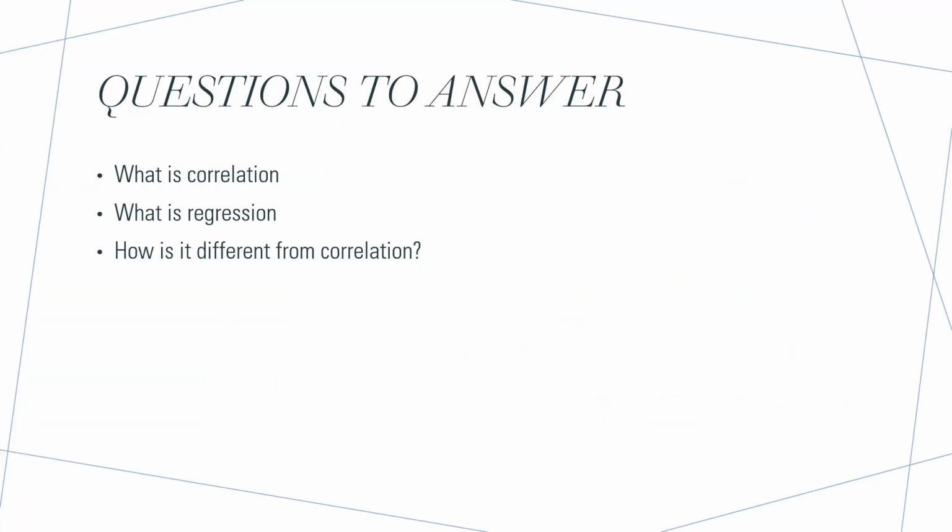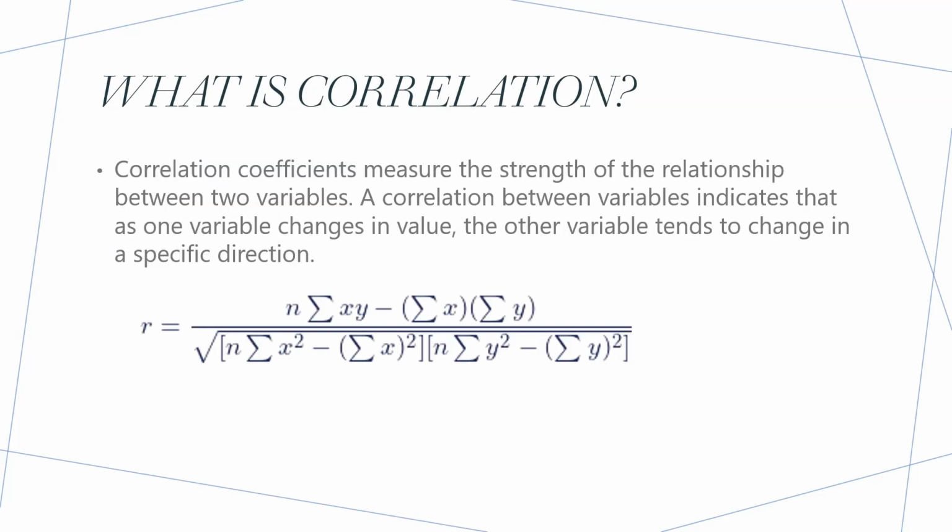Some questions to answer. What is correlation? What is regression? And how are regression and correlation different? So what is correlation? Well, correlation uses a formula to analyze two or more sets of numbers and returns a coefficient named r, lowercase.